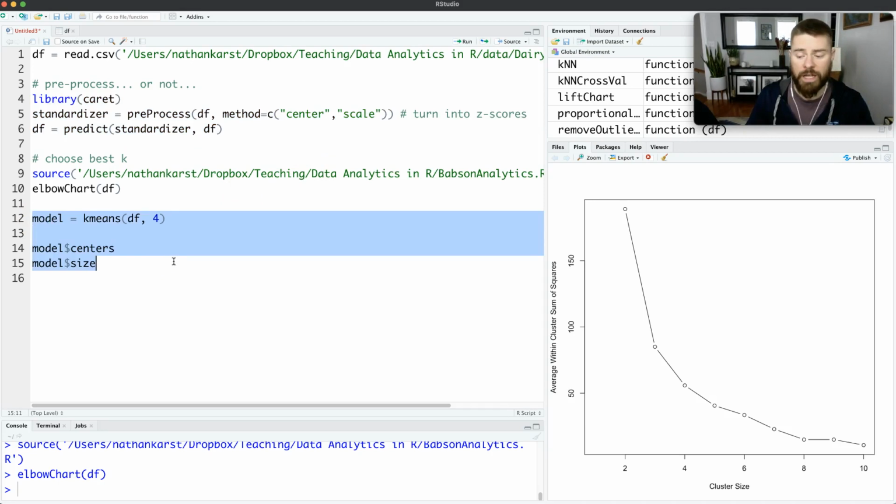You load and you build the model. There's no problem with that. But we can go back and refine things. We can pre-process to improve our cluster quality, and we can build an elbow chart to find the best value of k. The other thing you might have to do here is go through and remove outliers that can be pulling your cluster centers away, but more on that in a separate discussion.